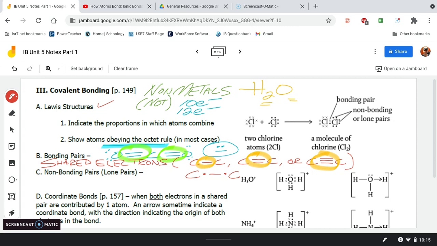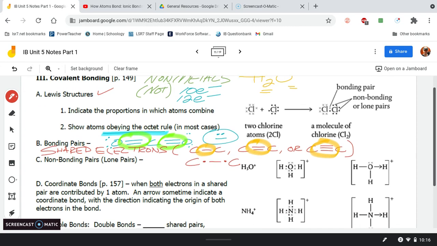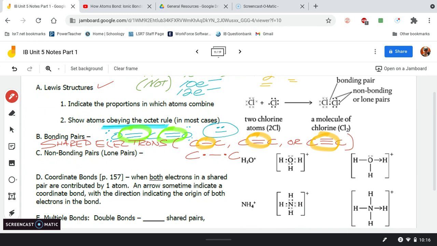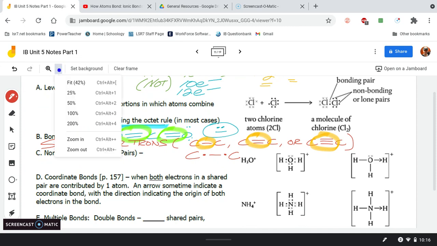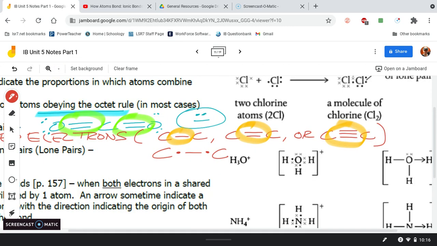Now, in some of these pictures that I have here, they're doing X's and dots, which is okay if you want to know exactly where the electron came from. So if you look here, in this particular example, the X's are all the electrons that came from oxygen, and then the dots are from the hydrogen.